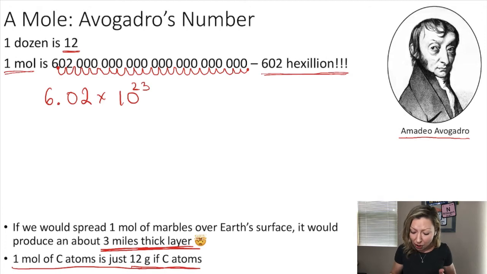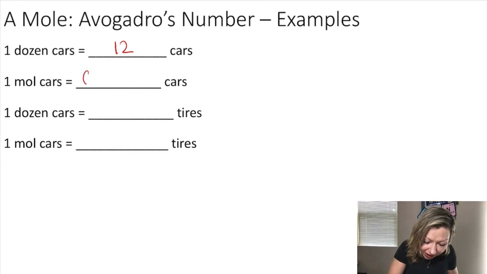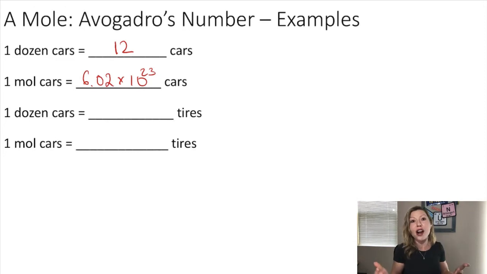All right, so let's try to put this into perspective and use moles the same way as if we would be using a dozen. So if I have a dozen cars, how many cars do I have? 12, right? Okay. If I have 1 mole of cars, how many cars do I have? Avogadro's number, 602 hexillion, or 6.02 times 10 to the 23rd cars.